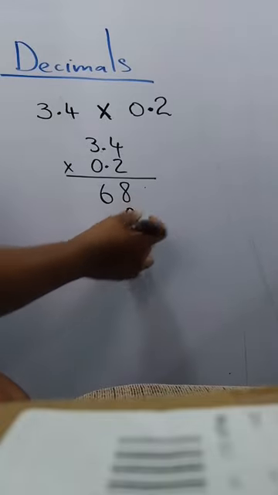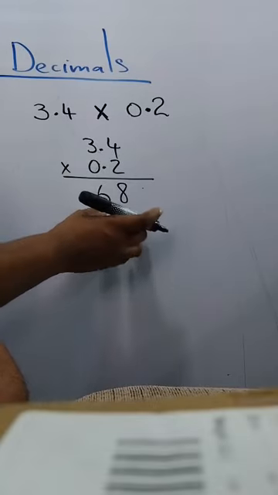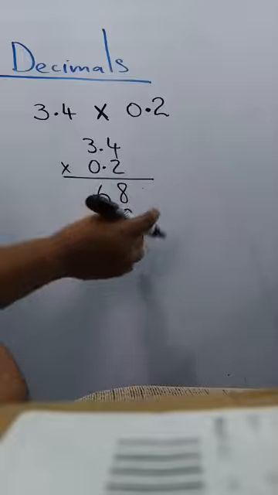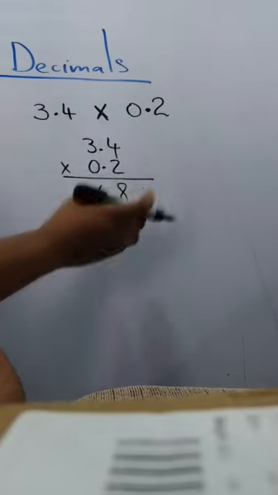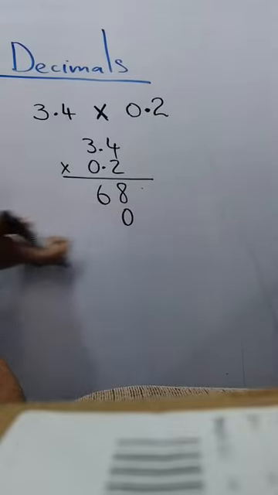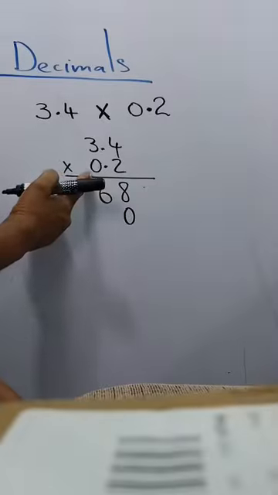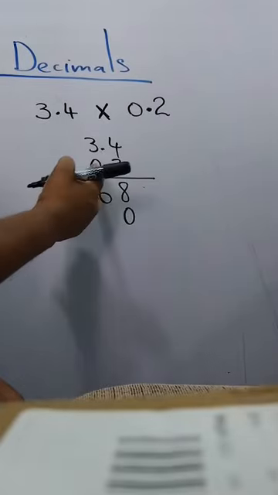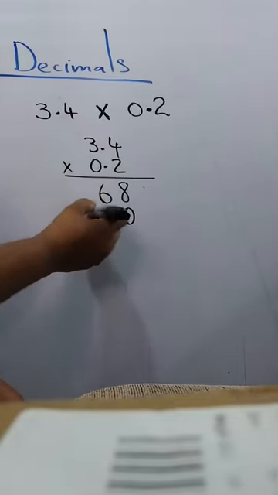I'll use a 0 to hold this position of where the 2 originally was, because that's now my tens column, and now moving over to my ones column. I'm holding that position because I'm moving on to a next row to do my next operation. Now I'll use the 0 here to multiply all the numbers here. 0 times 4, that's 0, and 0 times 3, that's 0.